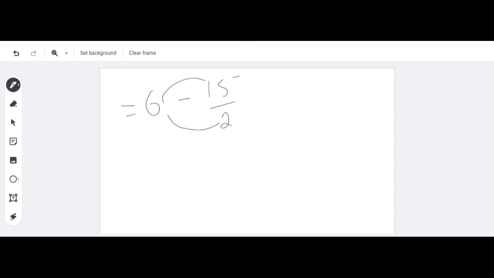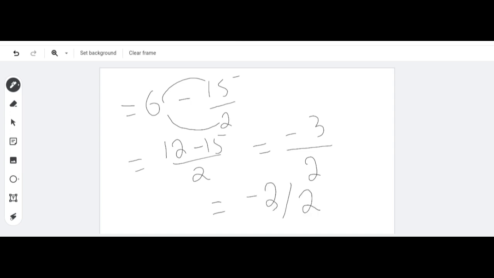This is like an improper fraction, mixed fraction: you have to multiply this and add with this. 2 ones are 2, 2 sixes are 12. 12 minus 15 by 2. 12 minus 15 is minus 3. 15 has a minus sign, and over 2. This is the complete answer.